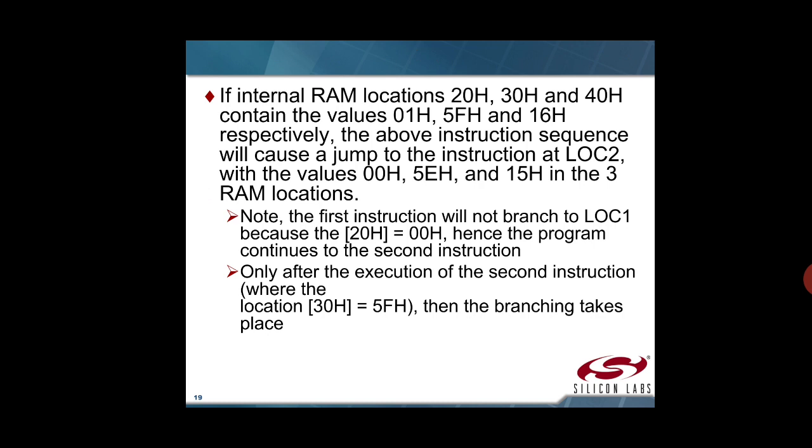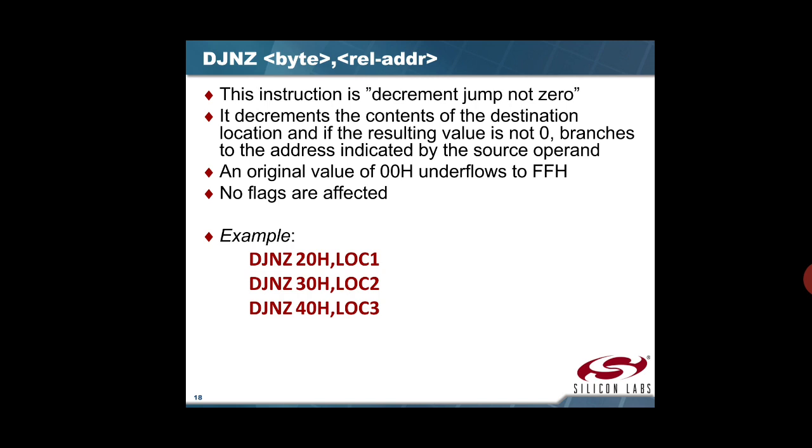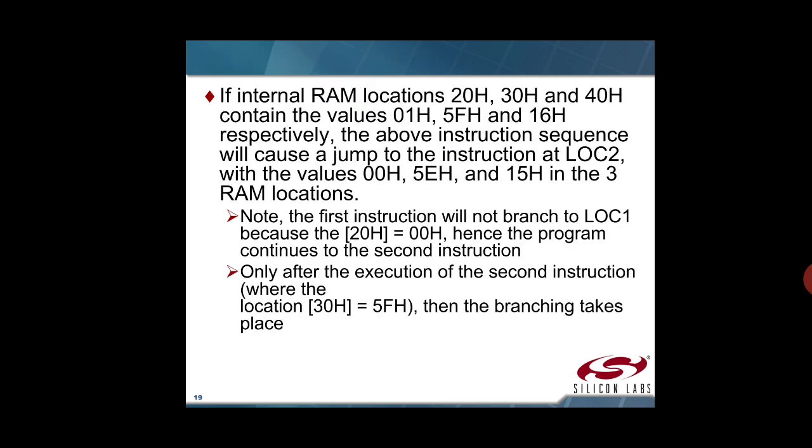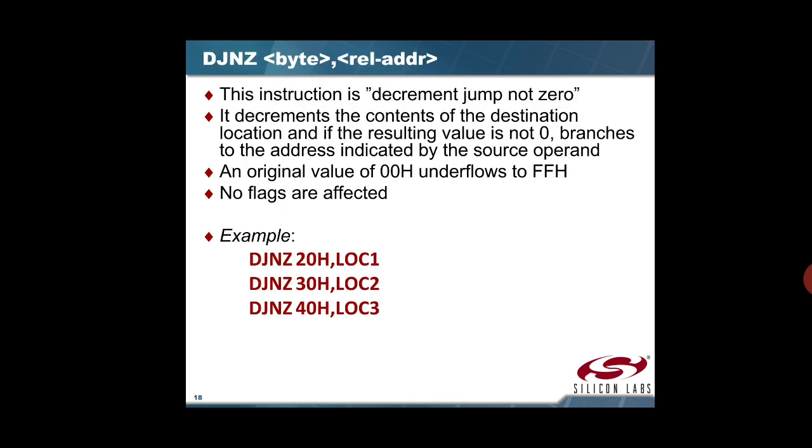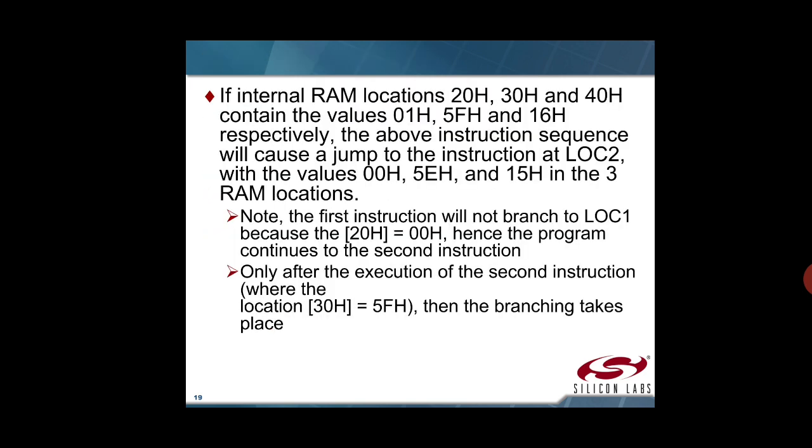Now the content of 20H in the first one will be decremented by 1, and it is 0. Decrement and jump if not 0 means if the result is not 0 it jumps, but here in this case it is 0, so it will go to the next instruction. If it were not 0, then it would go to LOC1.